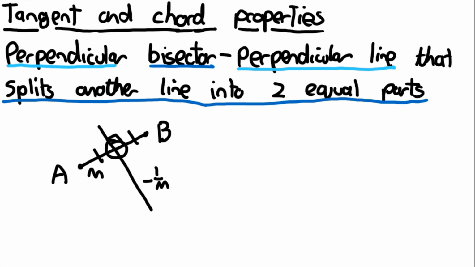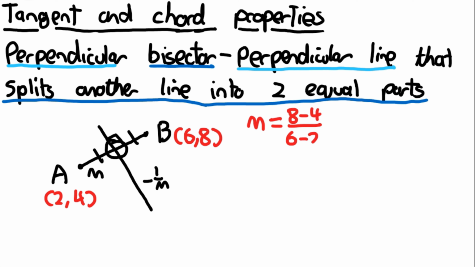So for example, let's say that point A is 2, 4, and let's say that point B is 6, 8. Well, we can find the gradient of line AB as being 8 minus 4 over 6 minus 2, which is just going to be equal to 1.